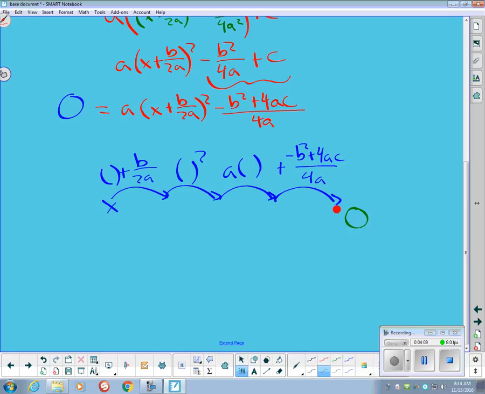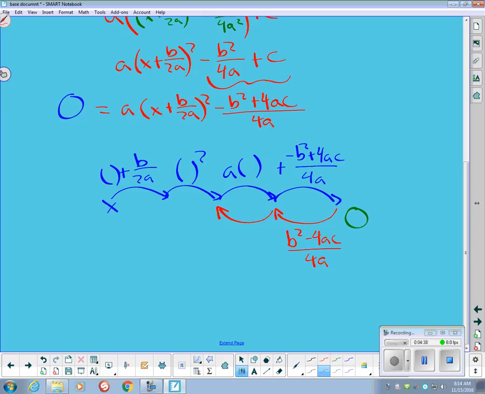If I build my inverse areas or arrows coming back, I need to subtract all of what I have up there. So if I subtract a negative b squared minus 4ac, I'm going to get a positive b squared, because I'm subtracting that, minus 4ac over 4a.